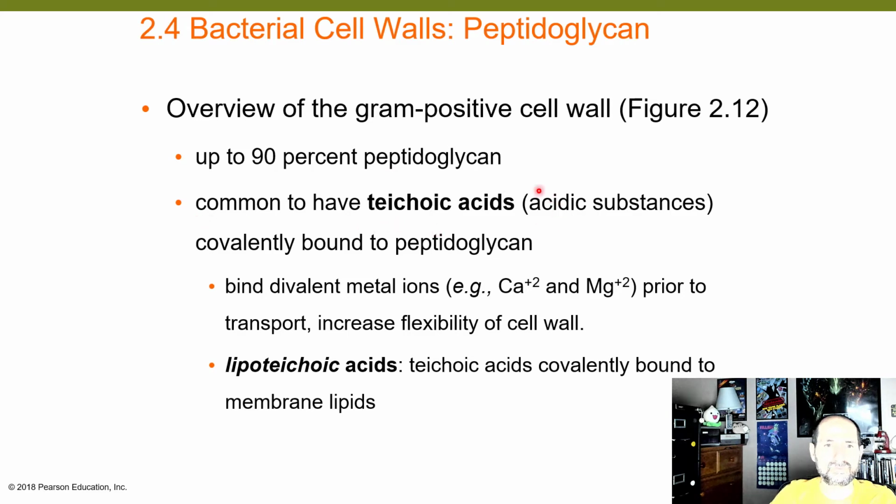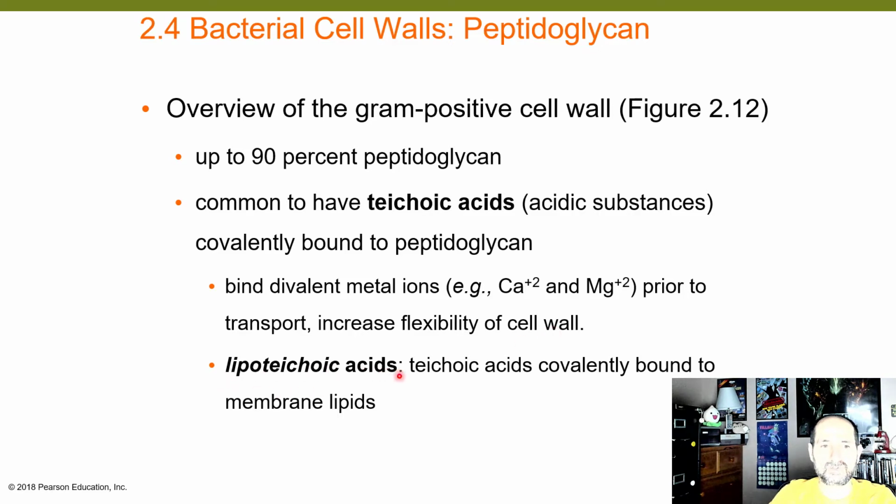Also very common in cell walls of gram-positive bacteria are teichoic acids, which are acidic substances, and recall that acidic substances have a negative charge. These negatively charged teichoic acids can bind to positively charged metal ions such as calcium and magnesium prior to their transport. And this can increase the flexibility of the cell wall.